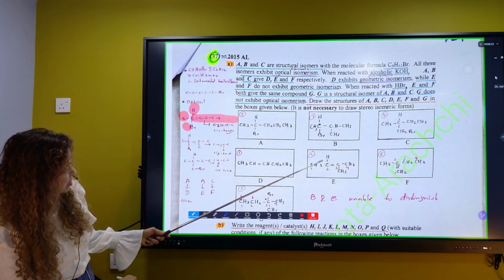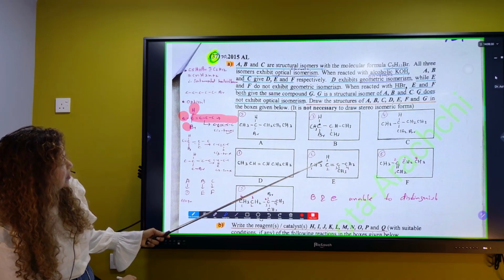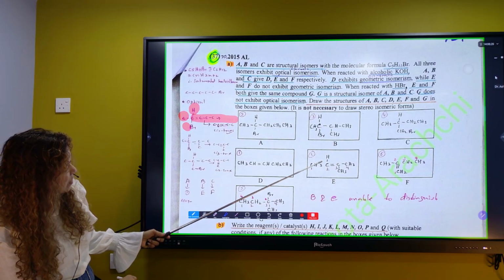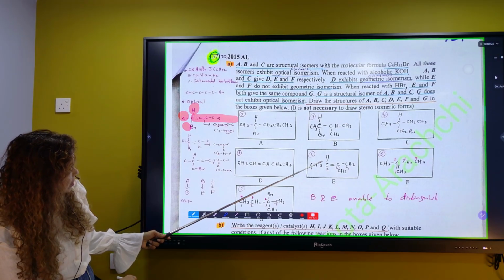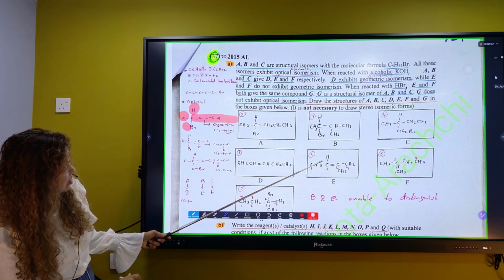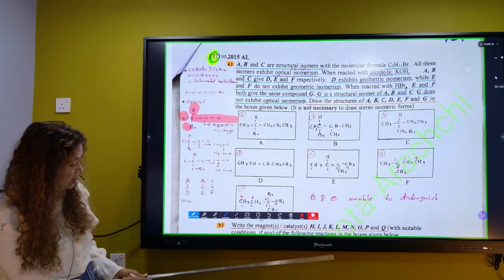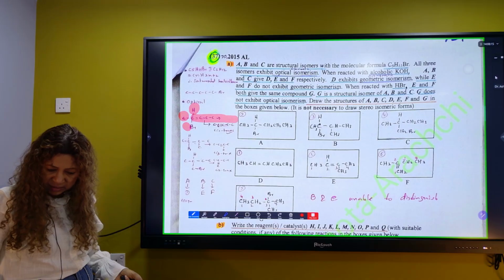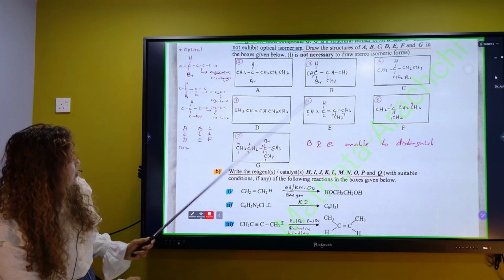Okay, how do we distinguish E and F? When reacted with HBr, E and F give G. G is a structural isomer of all ABC. G is not showing optical isomerism.